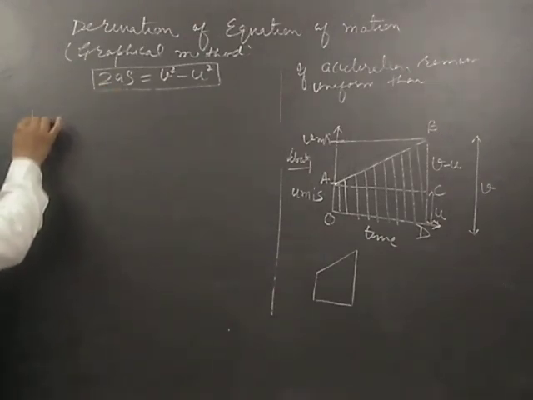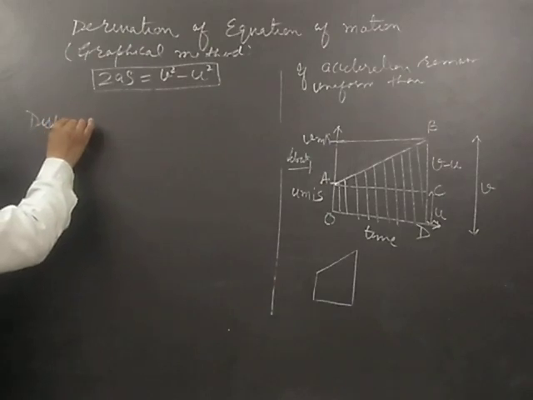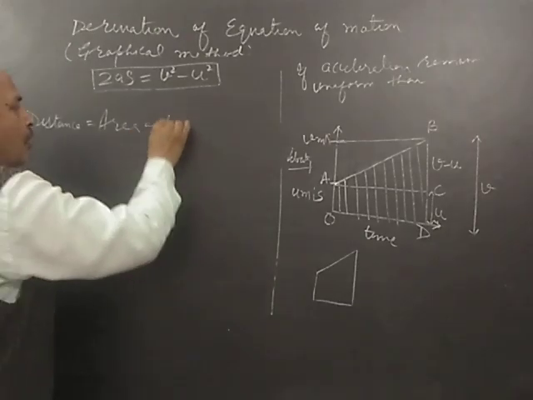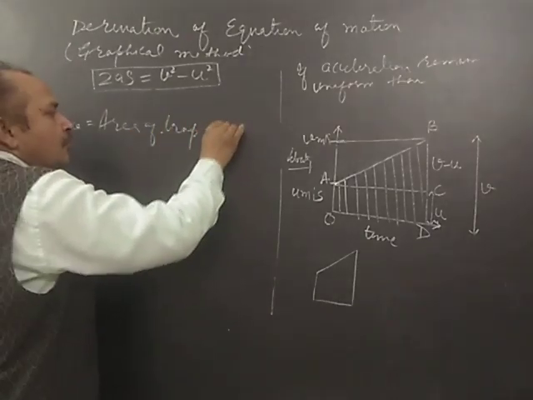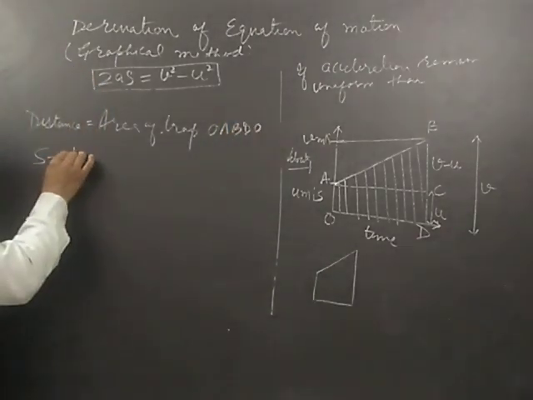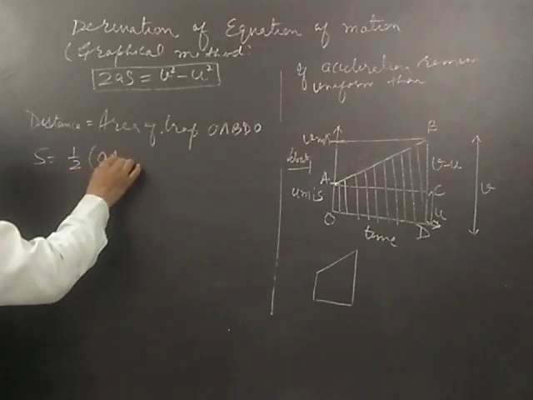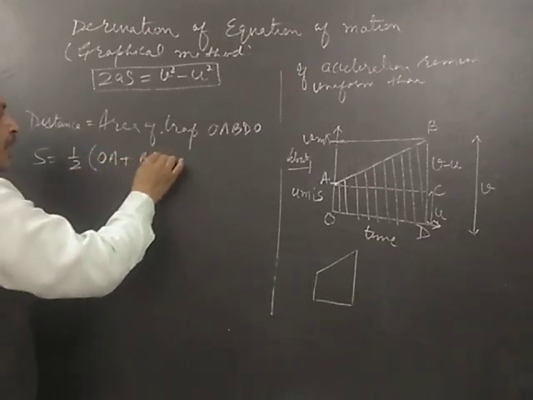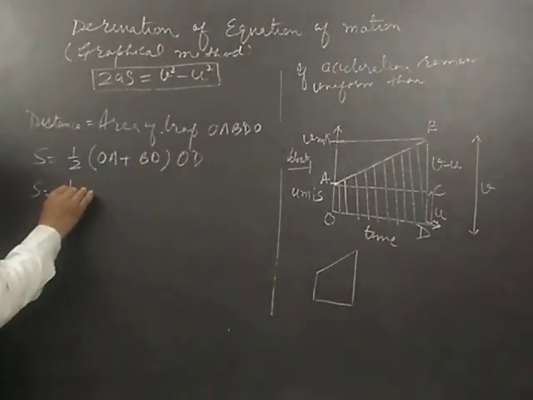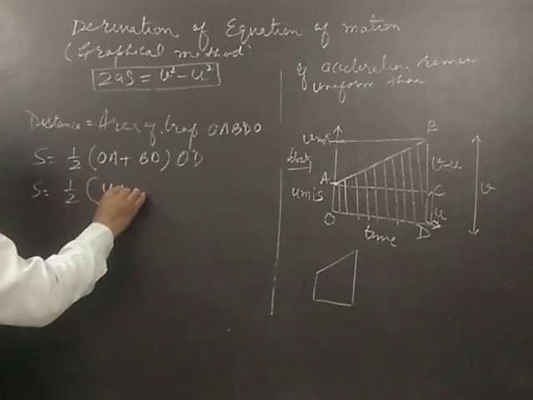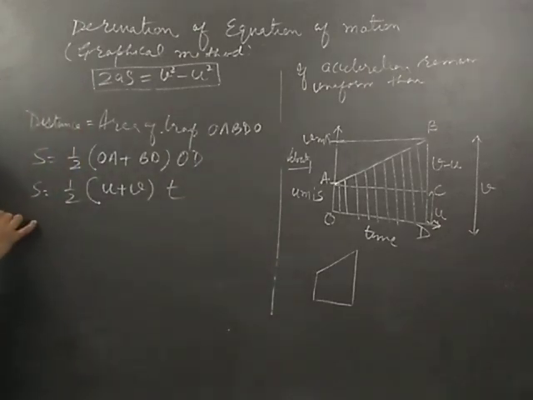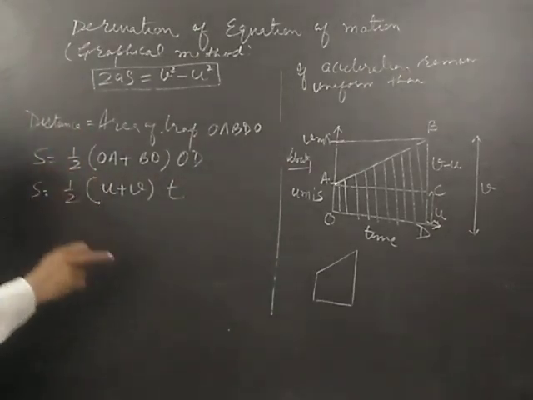You all know it. We know that distance is equal to area of trapezium OABDO. So S is equal to half of OA plus BD into OD. So S is equal to half of U plus V into T. So what to do here?